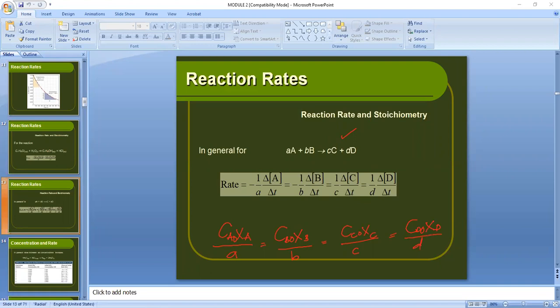This is just like the ABCs of kinetics, because whether your reaction is elementary or non-elementary, this particular relationship holds.